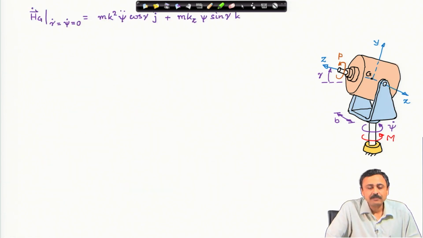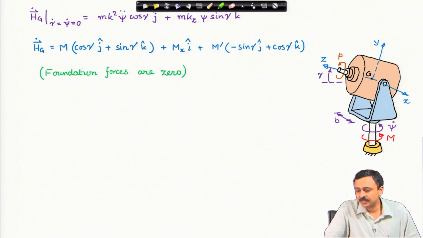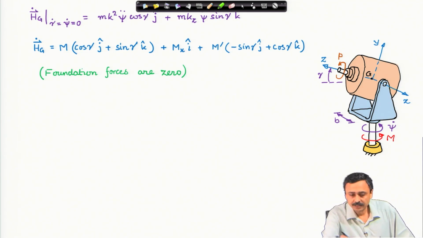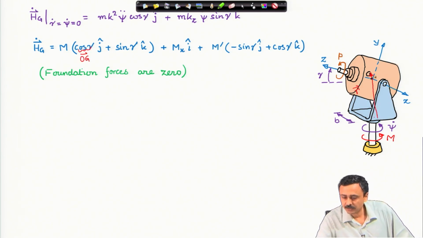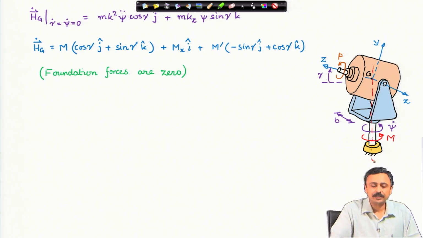And we have this rate of change of angular momentum at t equal to 0 plus, and this must be equal to all the moments. Now, the center of mass is sitting right on this axis of rotation. Therefore, it will not produce any moment.